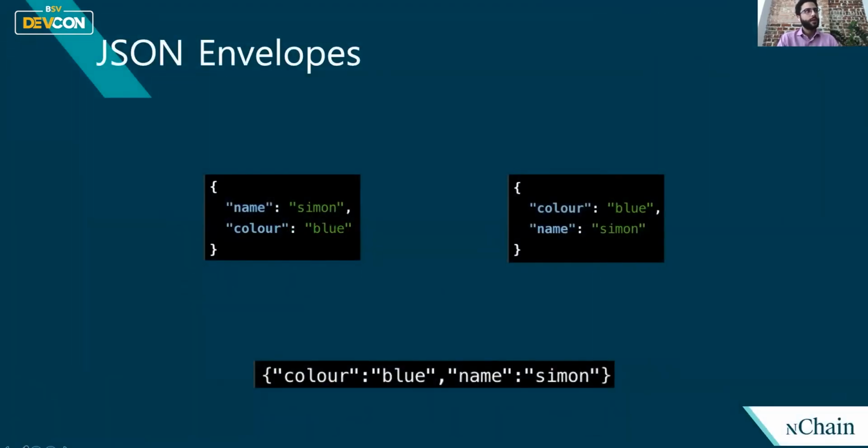So as we know, JSON is not deterministic. If you have a JSON with 2 fields, name and color, you could flip the name and the color. You could add spaces in there, carriage returns or whatever.